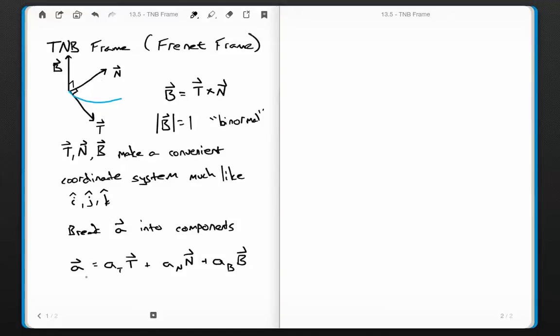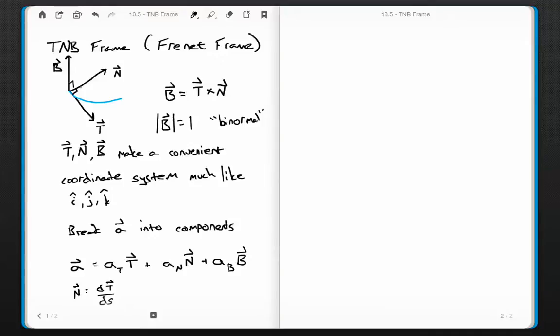Because remember that the normal vector can also be defined as the derivative of the tangent vector with respect to the arc length parameter, dT/ds. So since this is a unit vector, only its direction can change, and so the normal acceleration is what's causing the tangent to change, right?